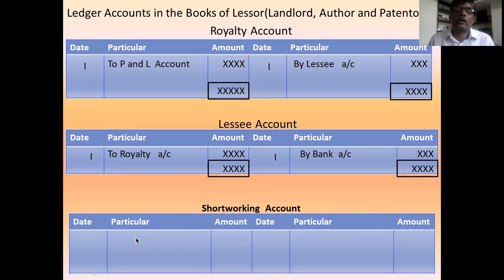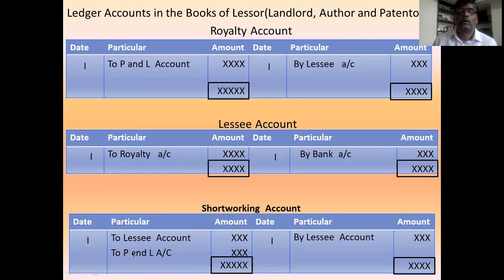In the short working account, you write the year and date. To lessee account, by lessee account, to P&L account. You remember this. Opposite of lessee. You see here. By lessee, SW amount. Remember, if there is an amount in the SW column, by lessee.